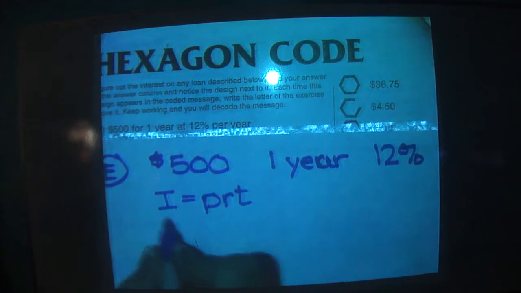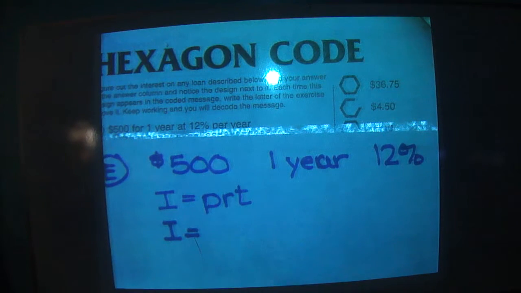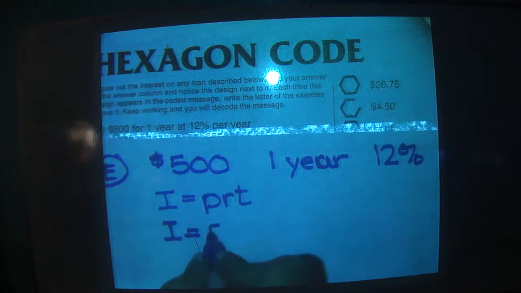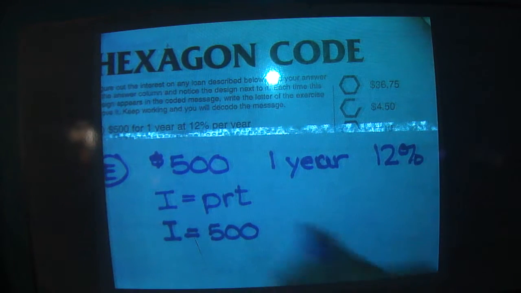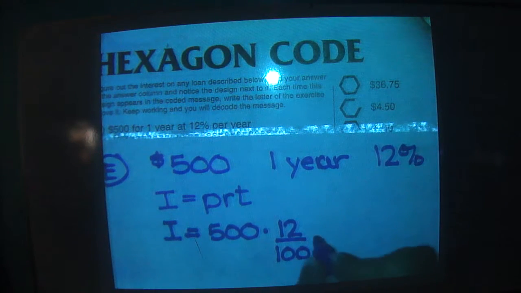Okay? So our interest here is going to equal, what's our principal? $500, times our rate, which is 12 over 100. You'll see why I like to do it as a fraction when I have zeros. And we're in terms of 1 year.